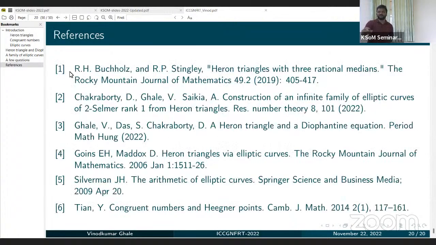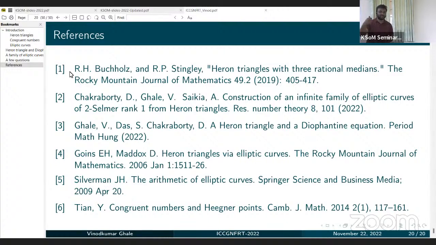And these are some references. Puja's work can be seen in Heron triangles with 3 rational medians. The Selmer group for that family can be seen in the construction of infinite families of curves, and the connection of these rational triangles and Diophantine equations can be seen in the article Heron triangle and a Diophantine equation.